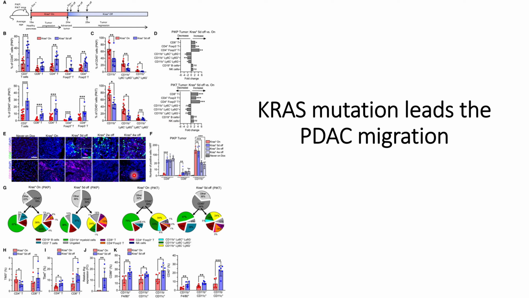And when they check these immunostainings, they can see that when KRAS is off, these are the controls, the first four figures, and when KRAS is off, they can see an increase in the amount of CD4 cells, and the CD8 cells are in low amount.